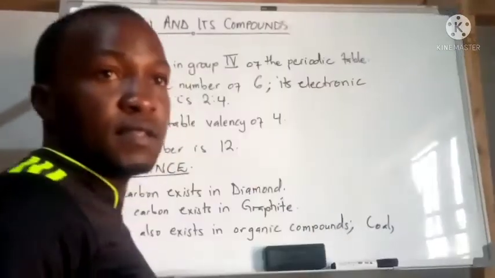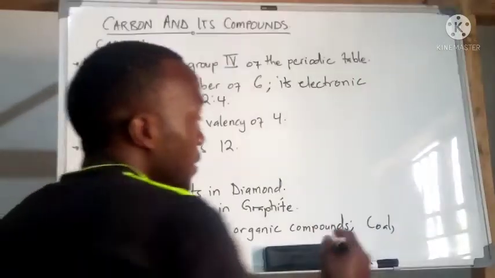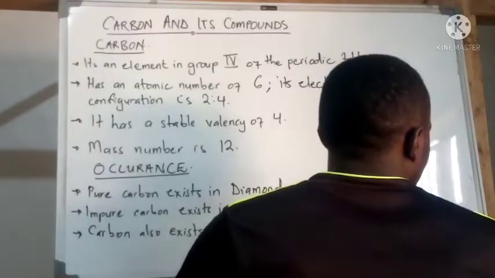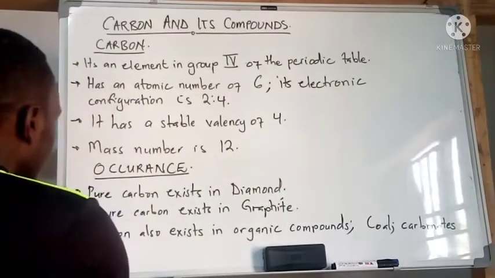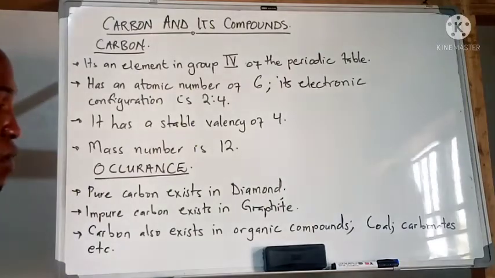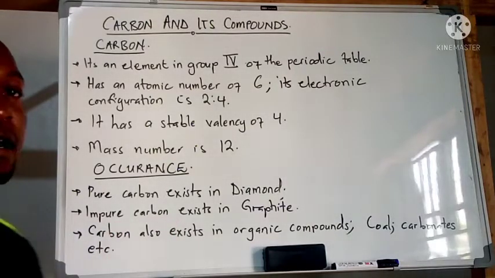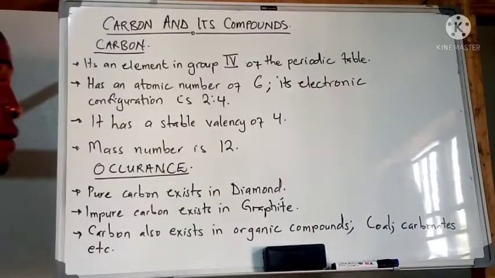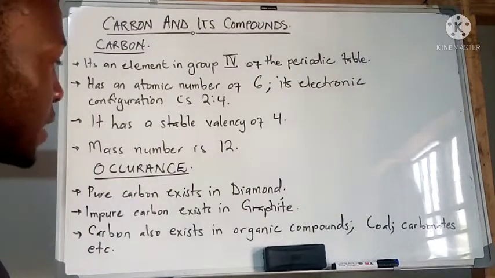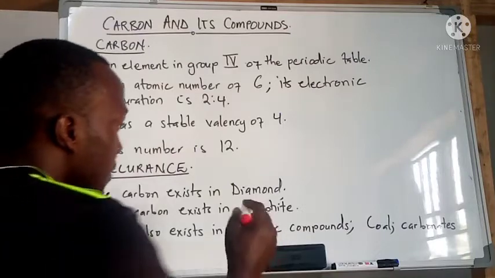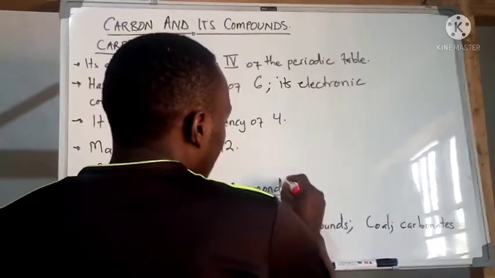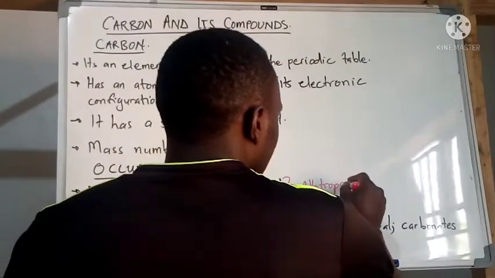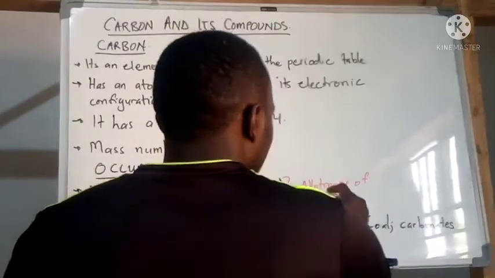It can exist in carbonates, in combined states, etc. There are very many compounds where we can get carbon from. So as we discuss carbon, look at where it exists. And these are going to give us what we call the allotropes of carbon.